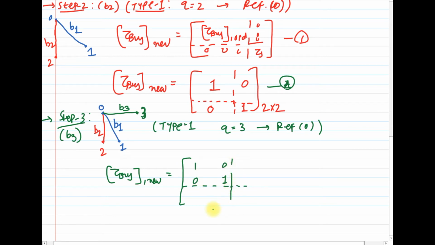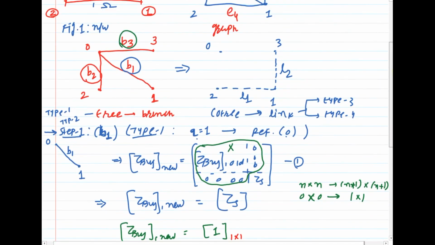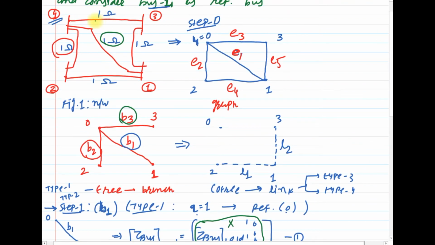Okay, and all the elements are 0. Yes, just follow this equation number 1, Z bus old, which I have written over here. Yes, and all the elements are 0, and the self impedance of that element which is added into the network, here the value it is given as 1 ohm.